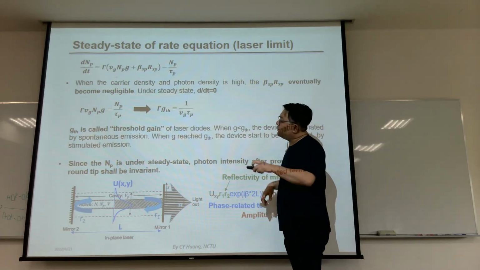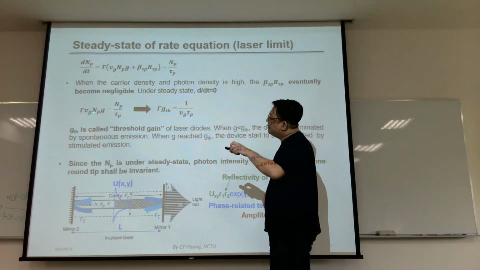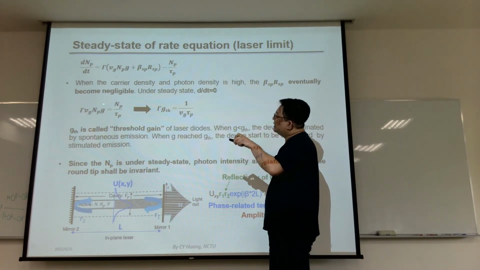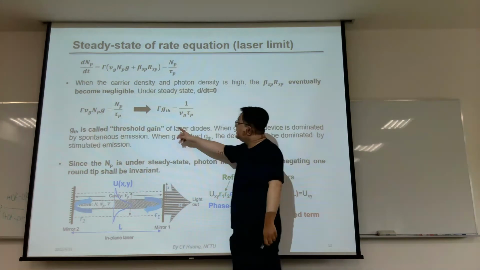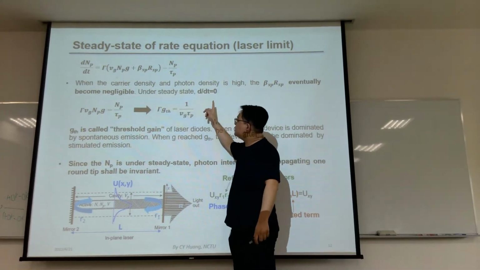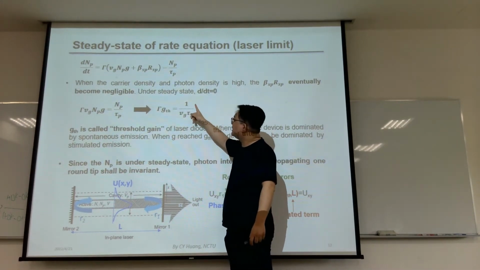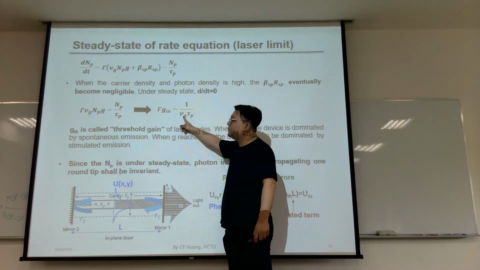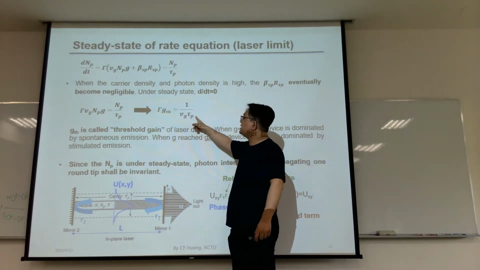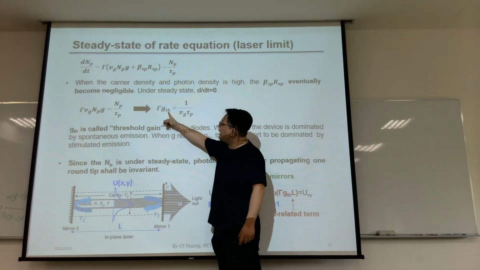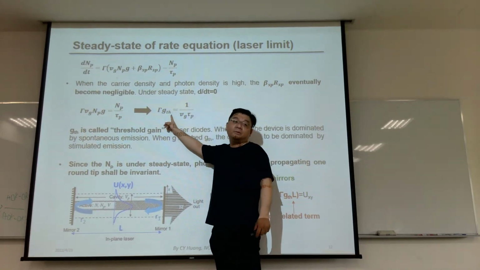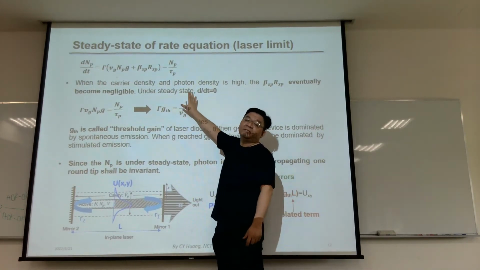Then we can divide by the Np here and here. So we have gamma g_th equal to 1 divided by group velocity times tau p. Why do we write down a th here? That means it's already in its threshold condition.